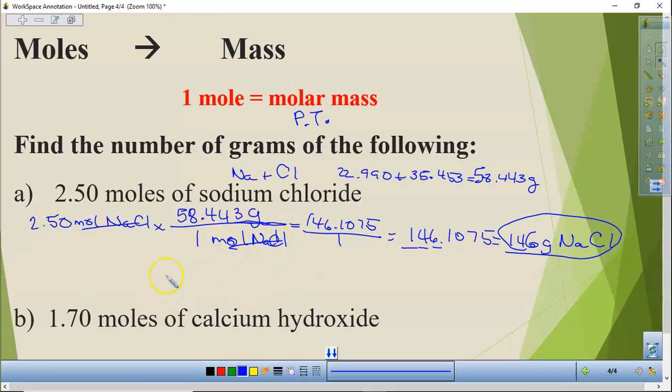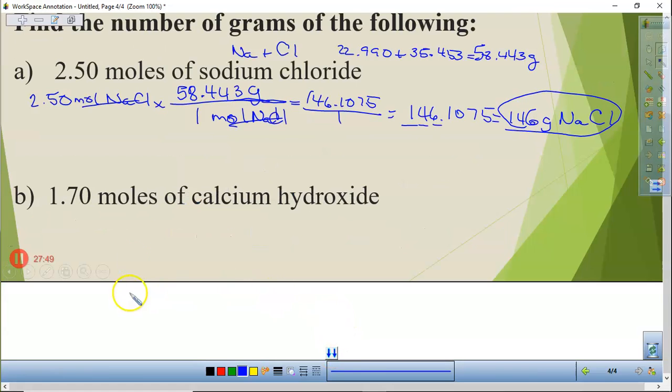Okay, let's try 1.70 moles of calcium hydroxide. That gives me a little more space. 1.70 moles of calcium hydroxide, Ca(OH)2. Why? Because calcium is +2 and hydroxide is a polyatomic ion, -1.